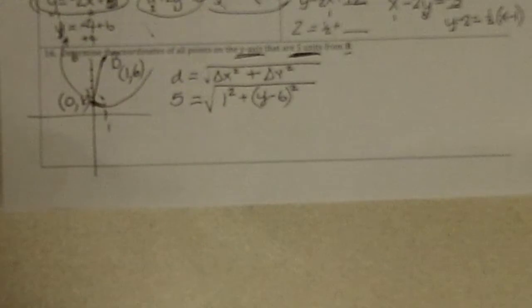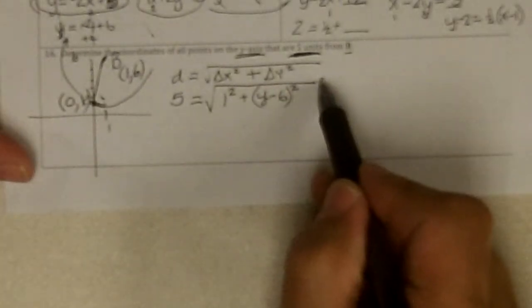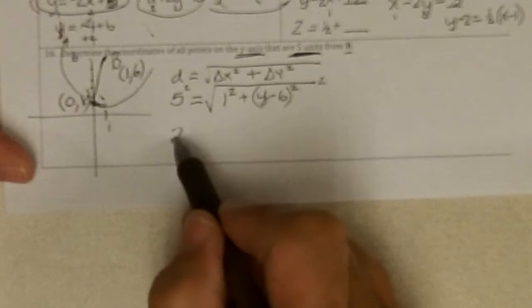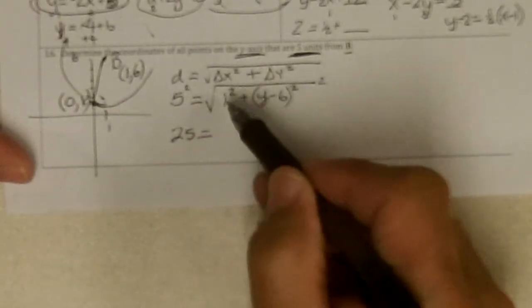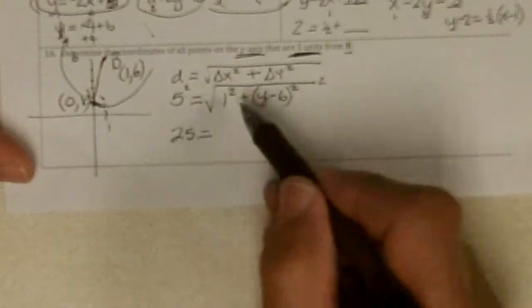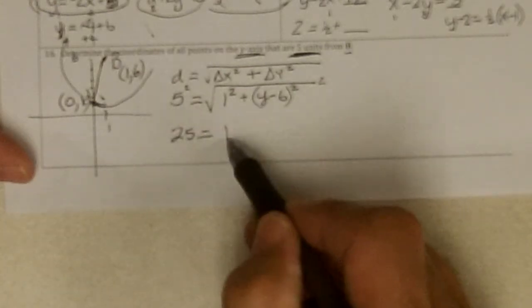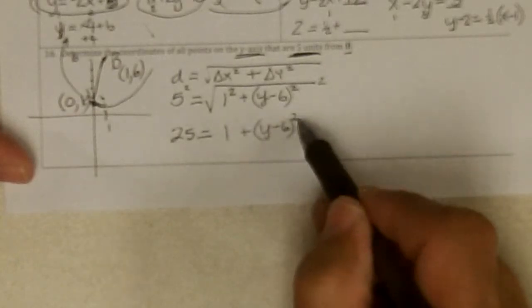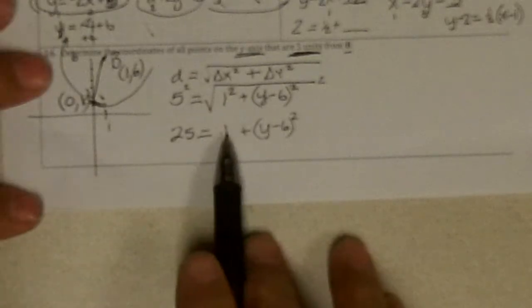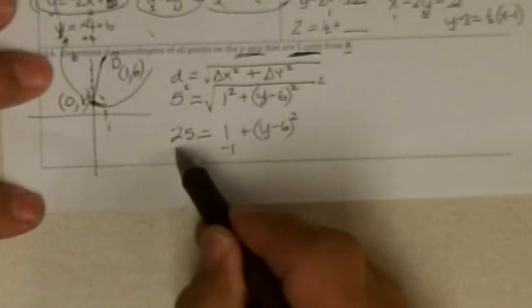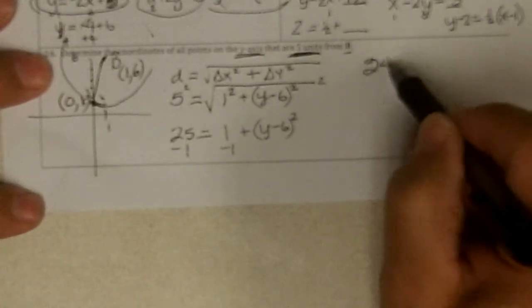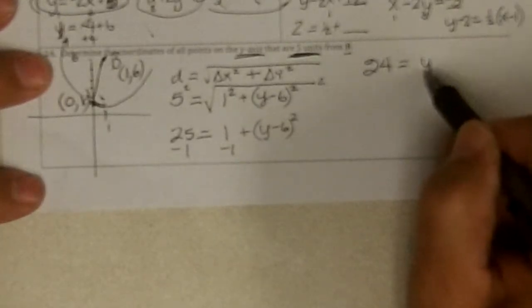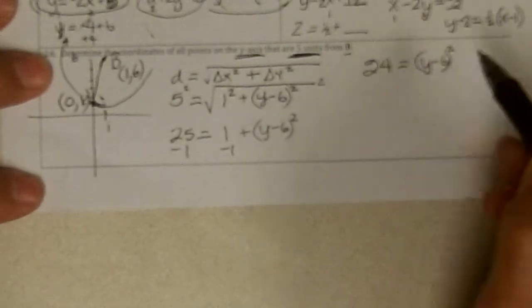So to solve for y, I'm going to get rid of the square root by squaring both sides. I get 25 equals, the square root's now gone because I squared, 1 squared is 1 plus y minus 6 squared. Now I could multiply that out, but that would be a lot harder than to just keep solving. So there's this plus 1, so I'm going to subtract 1, and I get 24 equals y minus 6 squared.